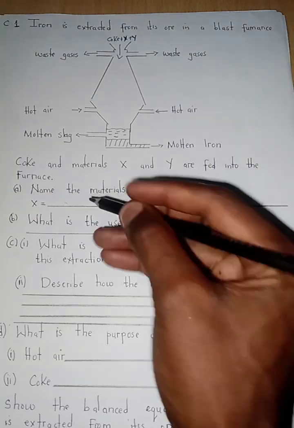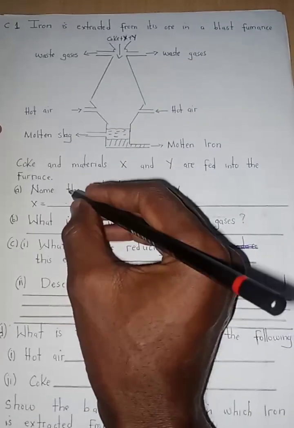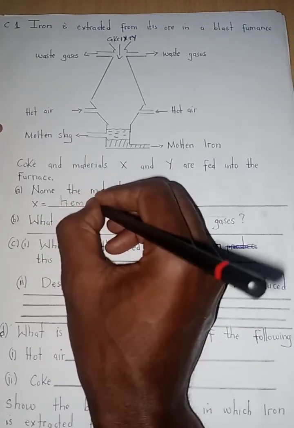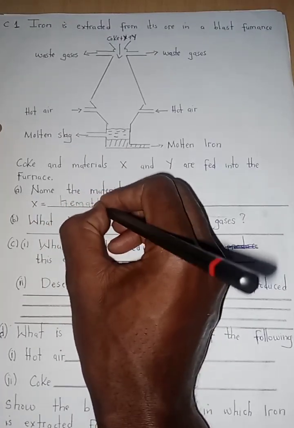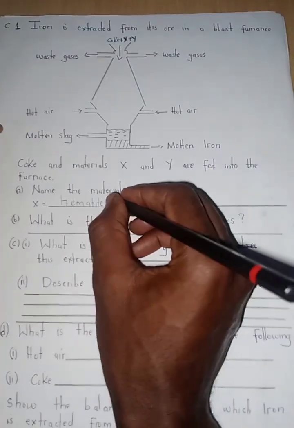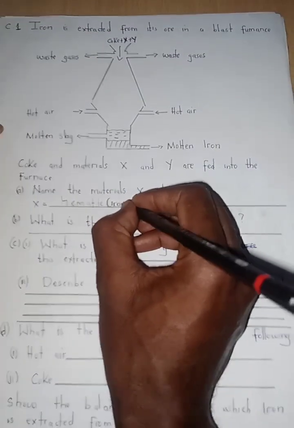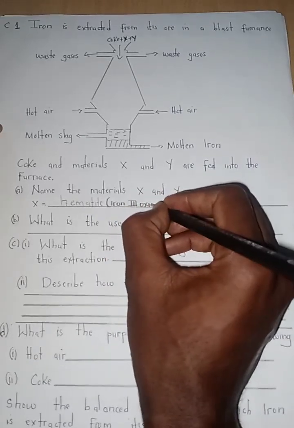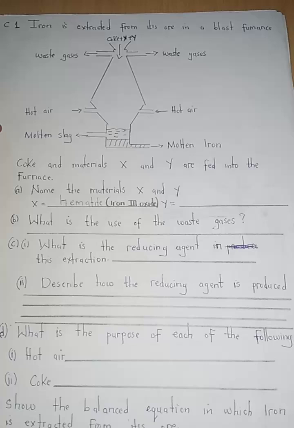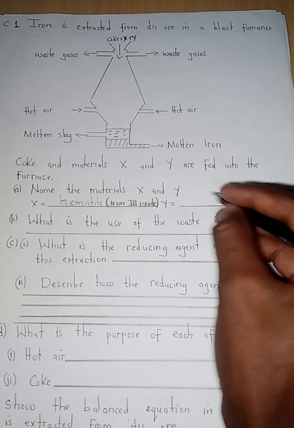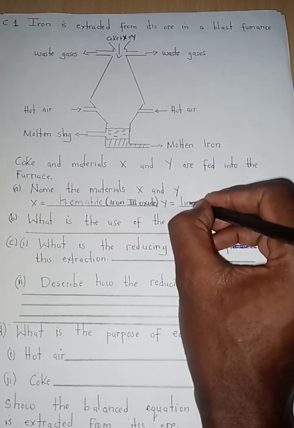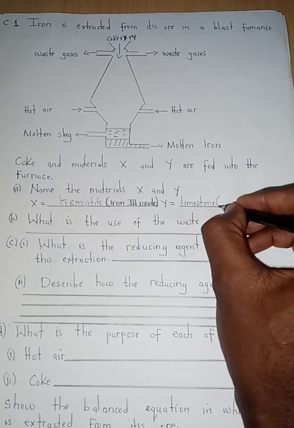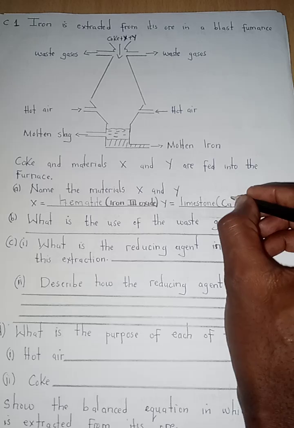So I'm going to first of all name X as hematite. Hematite is also known as iron 3 oxide. Then Y, limestone, or the chemical name calcium carbonate.